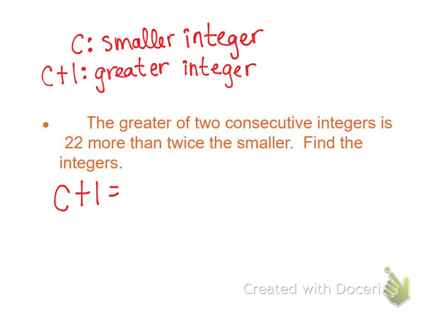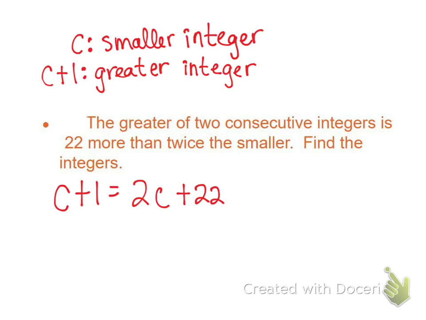Adding 22. So we're going to add 22 to twice the smaller. Twice means we're doing what? Multiplying by 2. So the smaller one was C, so we're going to take 2 times C. All right, so we got to be able to take these phrases and turn them into equations.